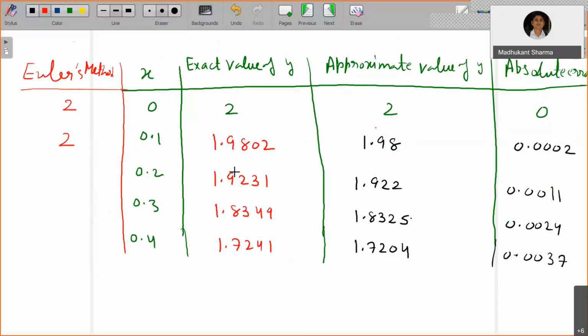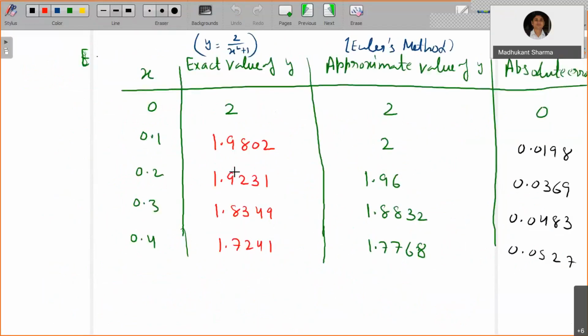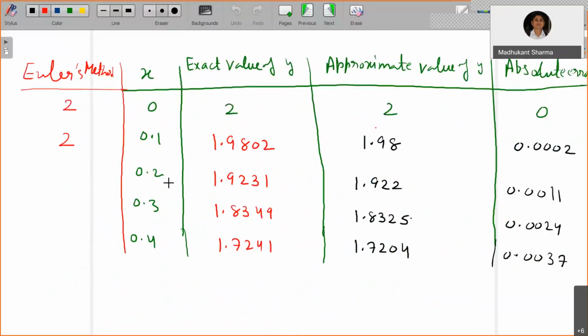For order h, the values are 1.96, 1.8832, and 1.7768. These were the values given by Euler's method, which is of order h. Now we have increased one order, so it is 1.9802, which is 1.98, and 1.9231, which is 1.922.